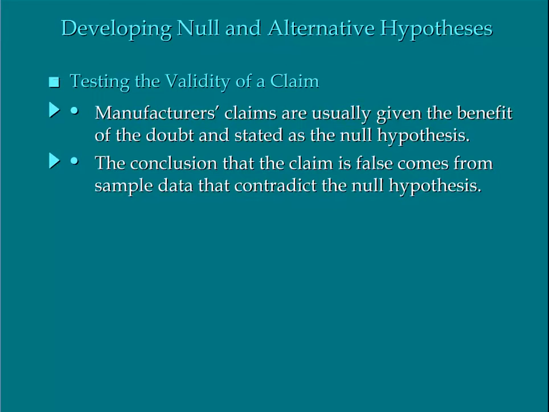The conclusion that the claim is false comes from sample data that contradicts the null hypothesis. So for argument's sake, if you were to weigh 100 boxes of cornflakes and find that most of them are under 1 kilo, there you go. That's how you might go about it.